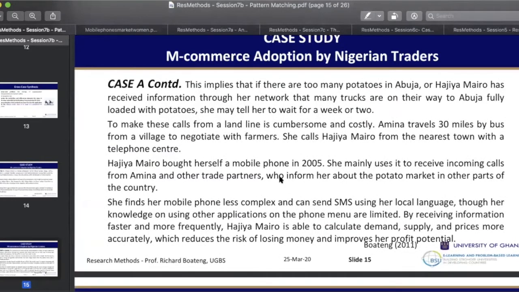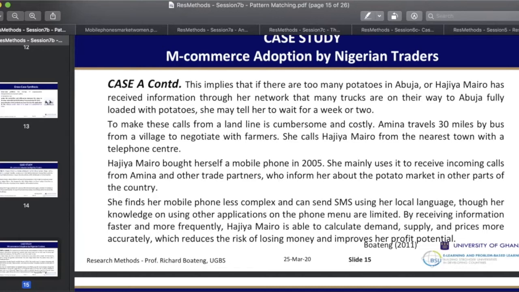Now, this implies that if there are too many potatoes in Abuja, and Hajia Mairo has received information through a network that too many trucks are on their way to Abuja, fully loaded with potatoes, she may tell her to wait for a week or two. To make these calls from a landline is cumbersome and costly.